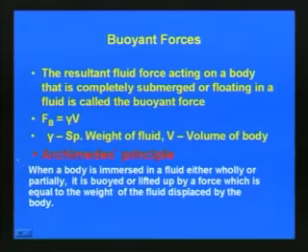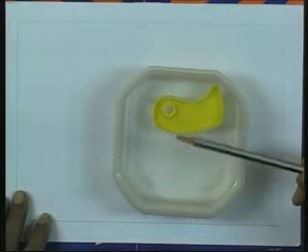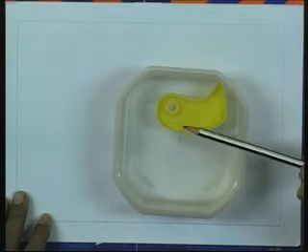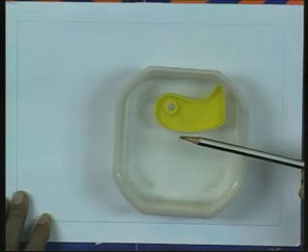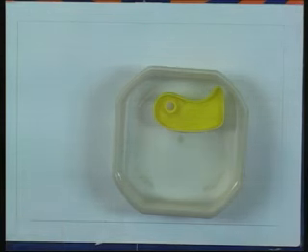So this is called the Archimedes principle. In the case of a floating or partially submerged body, how much fluid is displaced, with respect to its weight, should be equal to the force acting upon the body. That is the Archimedes principle.